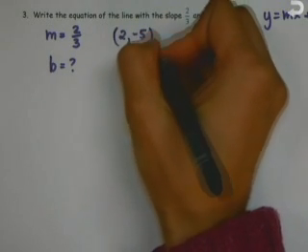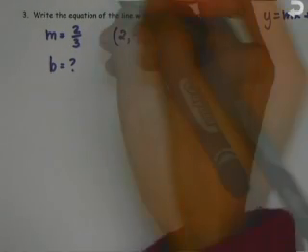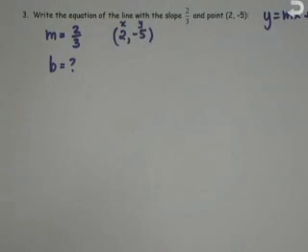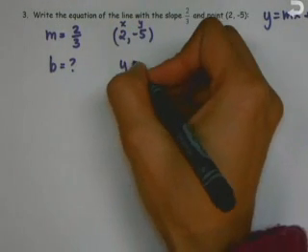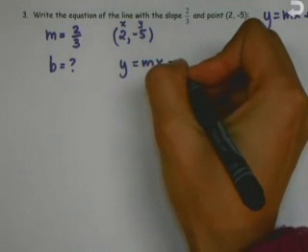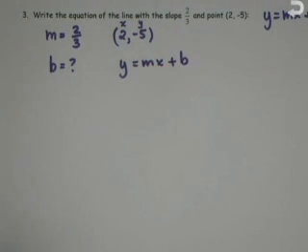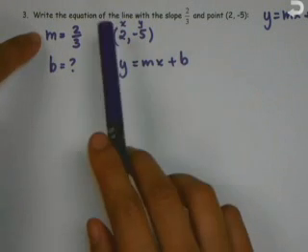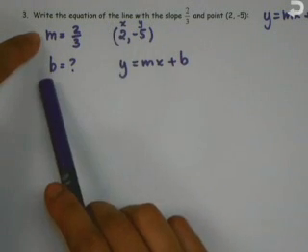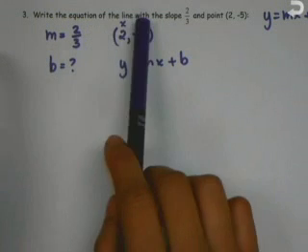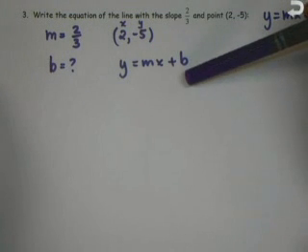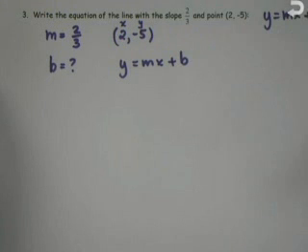Well, what does the point translate into? That's the same thing as an x and a y coordinate. So this is x and this is y. If we look at our general form, we have y, m, x, and b. We have m, x, and y, but we don't have b. If we replace all these items that we have into the equation, that leaves one variable unknown, the b, which we can solve for. So let's try that.